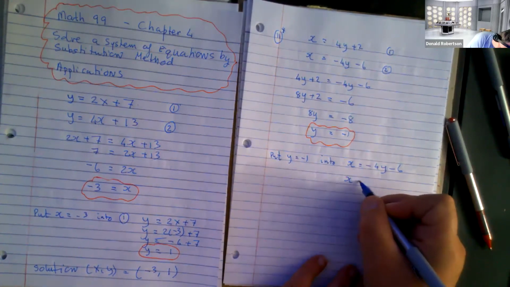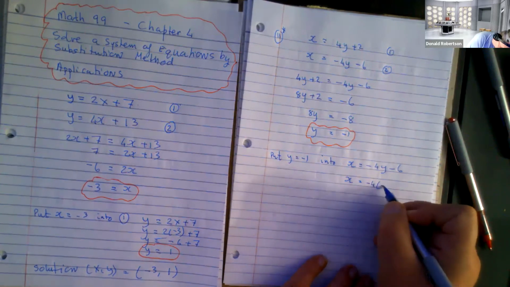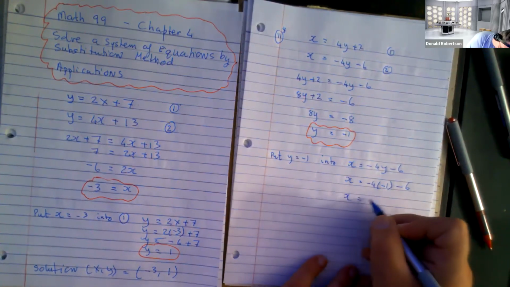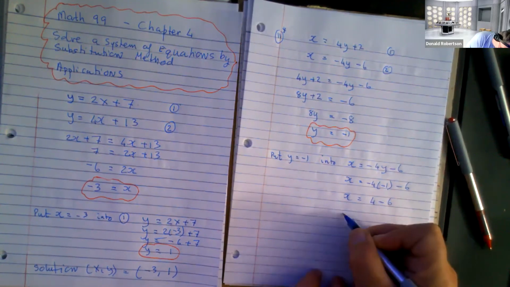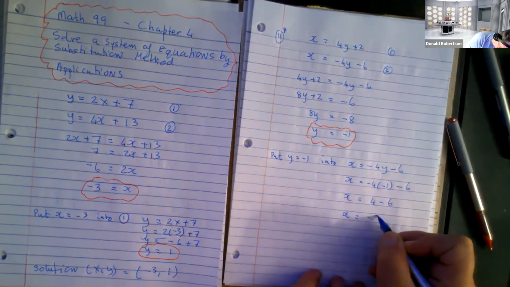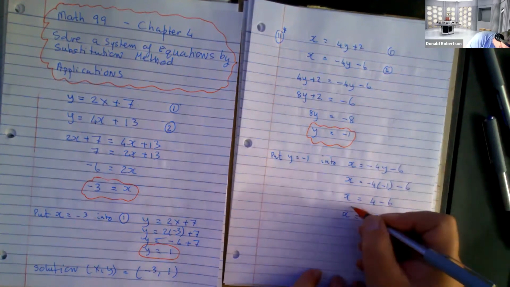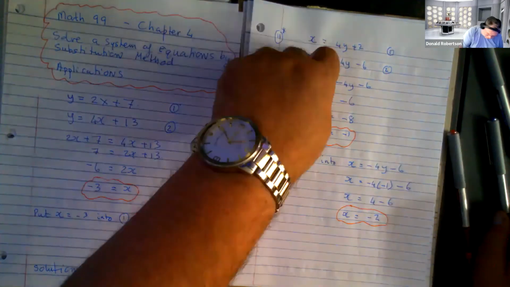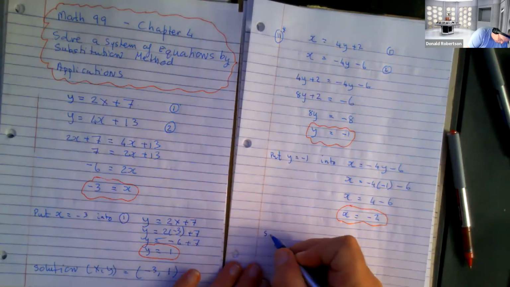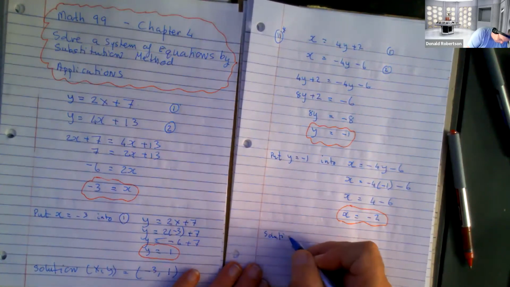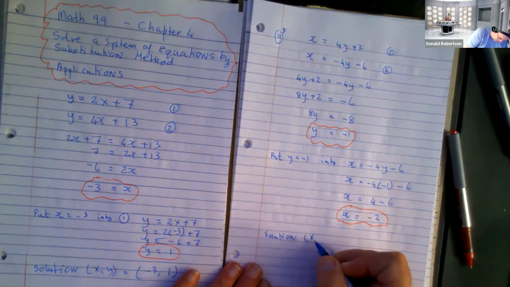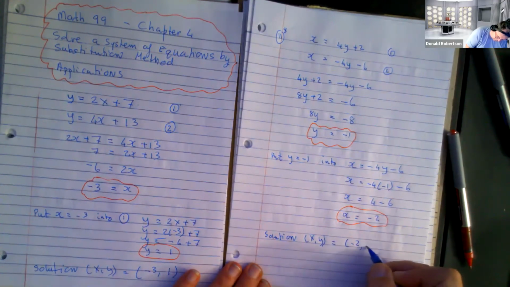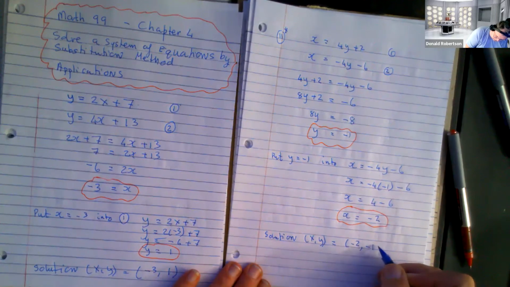So the x will be -4 times -1, take away 6. x is 4, take away 6. x is -2. And here we have the one unique solution to that system of equations. So our solution, x and y, is -2 for x and -1 for y.